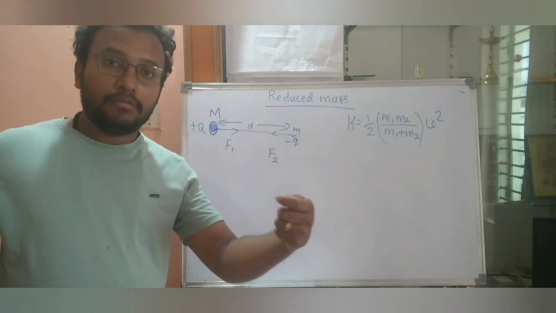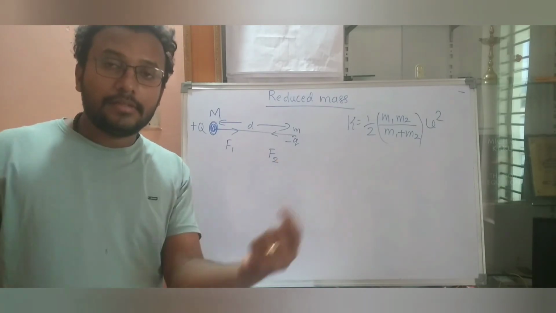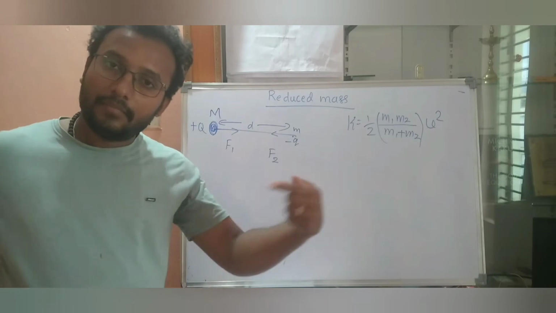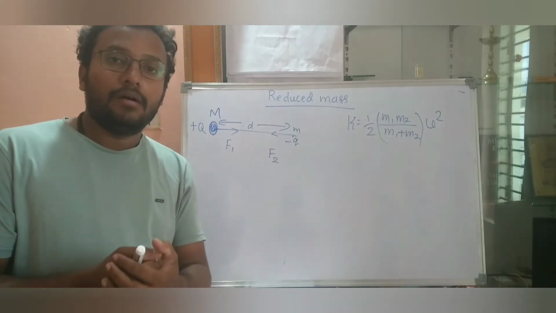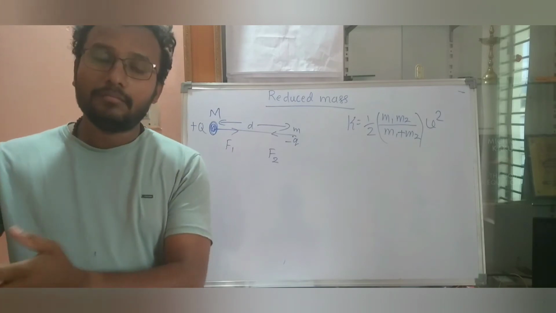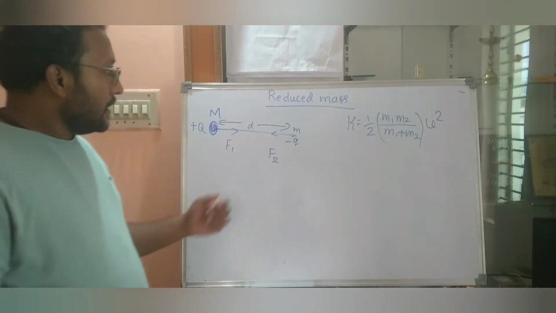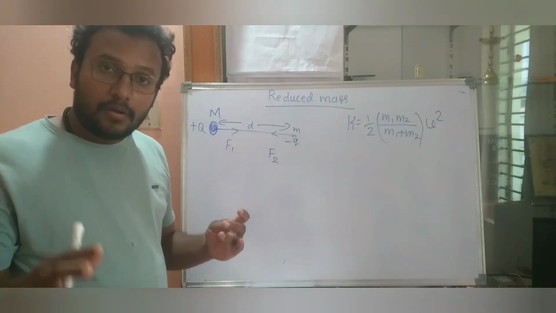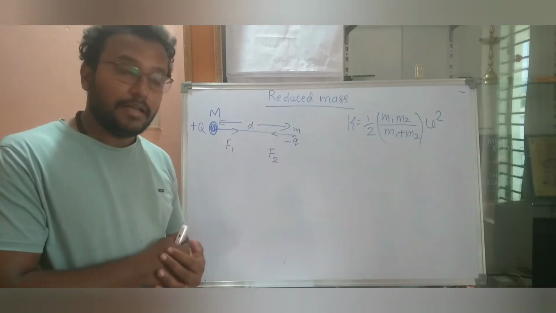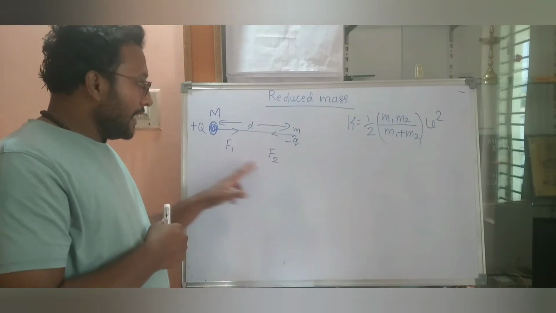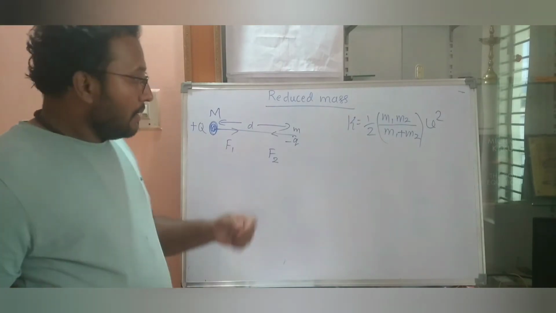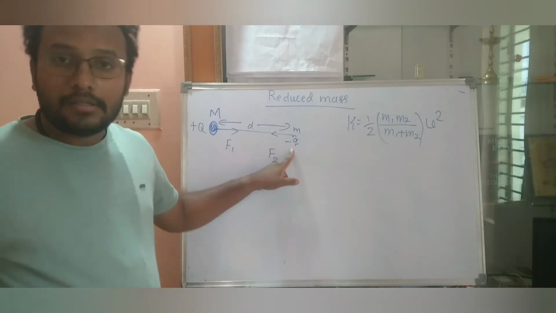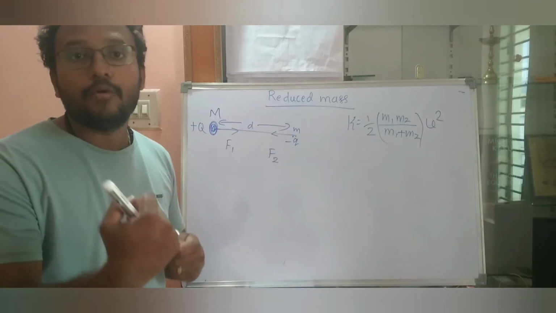That is why both of them were approaching each other with approximate velocities v1 and v2 measured from the lab frame. Here the situation is quite different. They are exerting equal and opposite forces on each other, but only the small negative charge will be moving.